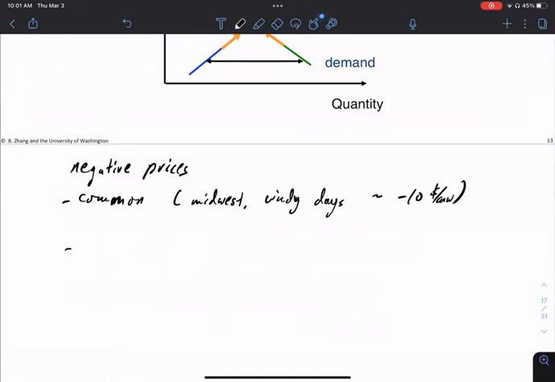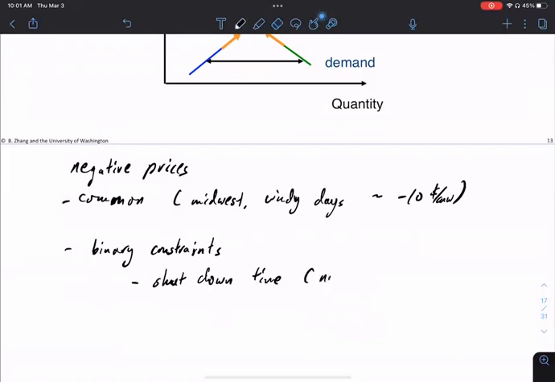because of binary constraints. Normally, if your constraints are continuous and convex, you don't see negative prices. You see them with binary constraints like shutdown time. For example, nuclear: you cannot shut down a nuclear power plant in a short amount of time.